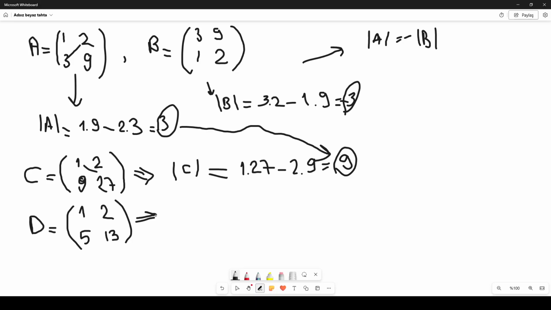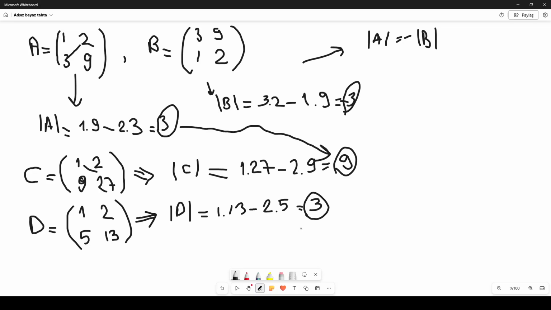We are doing these examples on matrices of size 2 by 2, but we can generalize this idea. This would also work on any size of matrix while trying to compute determinants. Now let's determine what the determinant would be for matrix T. The same again, 1 times 13 minus 2 times 5, and 13 minus 10 will yield us 3. And one thing you notice is that it is the same determinant.